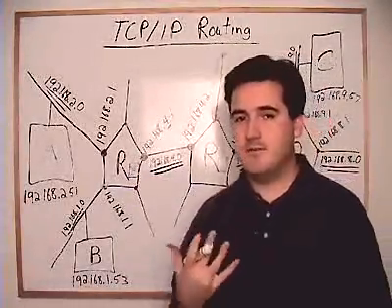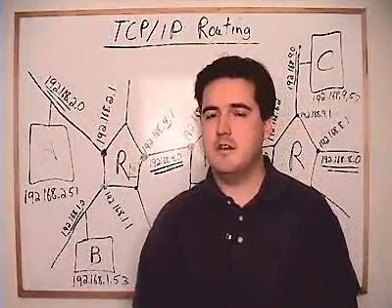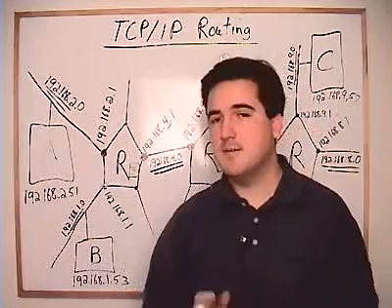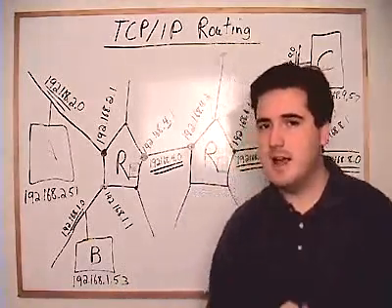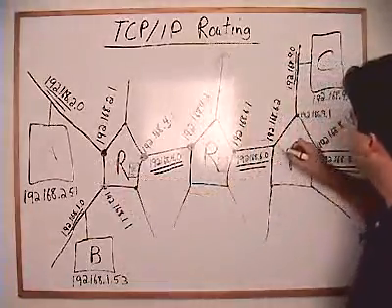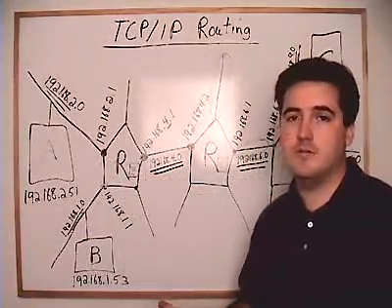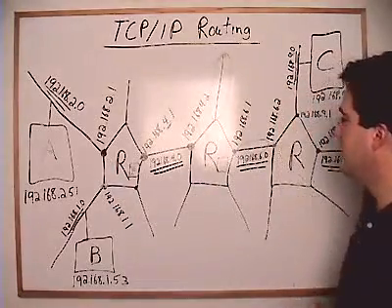Now, what if I wanted to get traffic to the .9 network? Well, I either have a default route, or we talked earlier about how we probably don't want to have a default route, or I add another static route to get me to the .9 network. Now, when I add that static route, am I going to add a route and say, use this IP address? Well, no, because I can't get to that IP address.